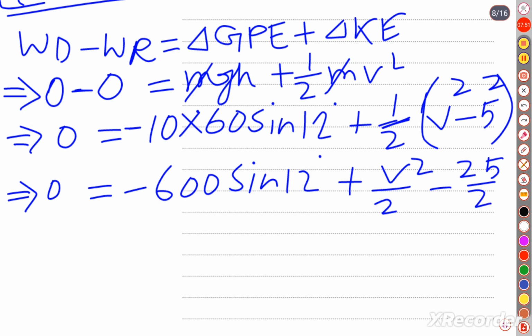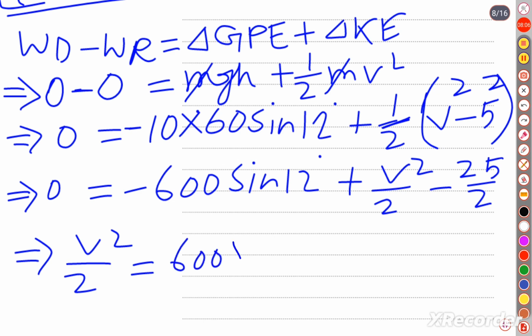Let us isolate v square, because we require v square over 2 is equal to, as it is transposing its position to the other side, 600 sine 12 degree plus 25 over 2, which means 12.5.